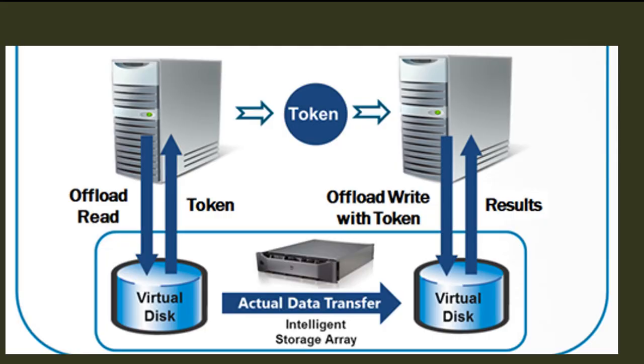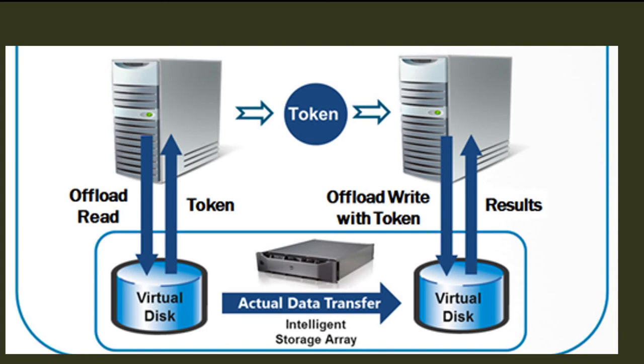Now, here's a picture. This picture is taken from our Microsoft documentation and shows basically how it all works. We do an offload read with information about the source. We make a request to storage to get a token. The token can be sent to another machine if it's a copy across the network, and we do an offload write with token, and then we get the results back.